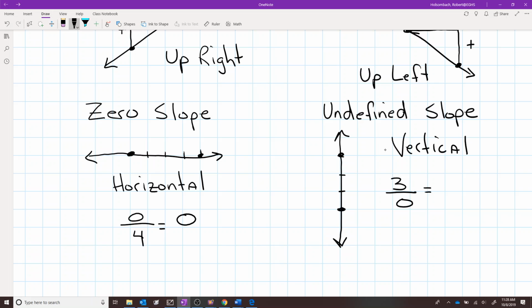And in your calculator, if you take 3 and divide it by 0, push equals, it says error. And error in the calculator corresponds to undefined when you're talking about slope. Okay?